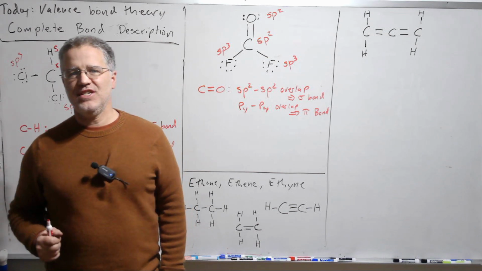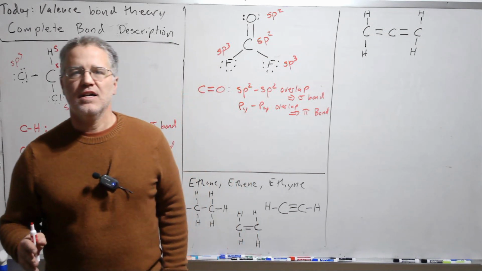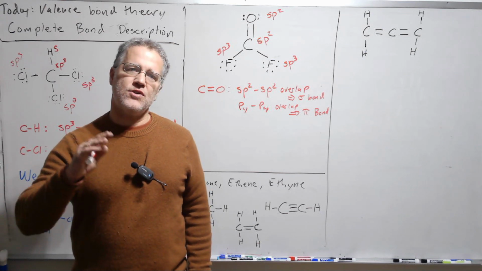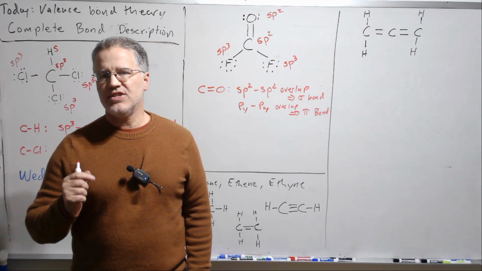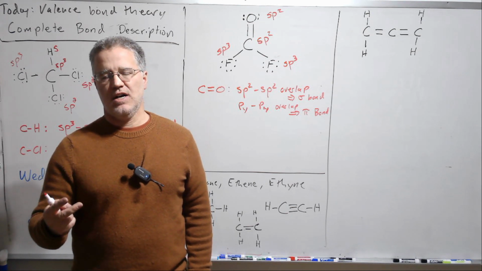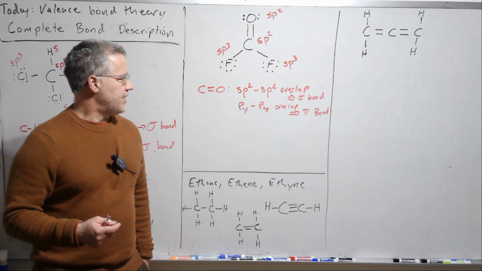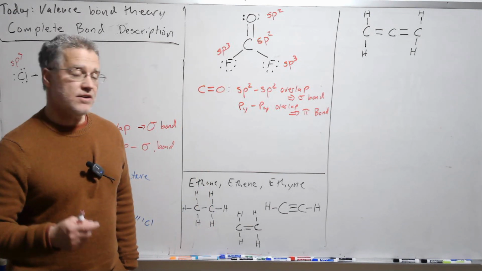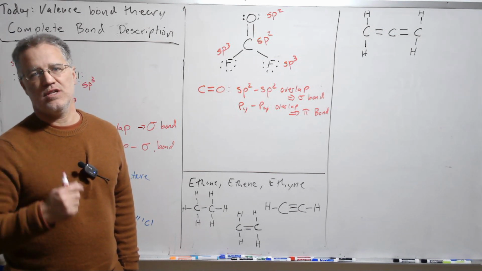And now we can see, back when we were talking about properties of bonds, that the bond order is sublinear in strength, meaning a double bond is not twice as strong as two single bonds. So it's not twice as strong as a single bond. And that is because a pi bond is weaker than a sigma bond.